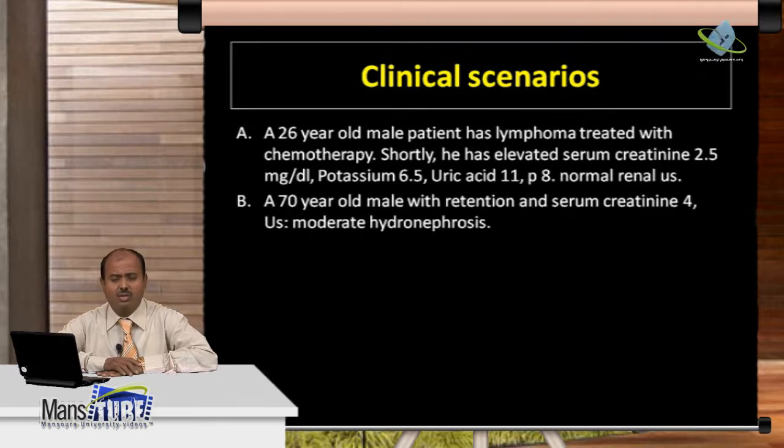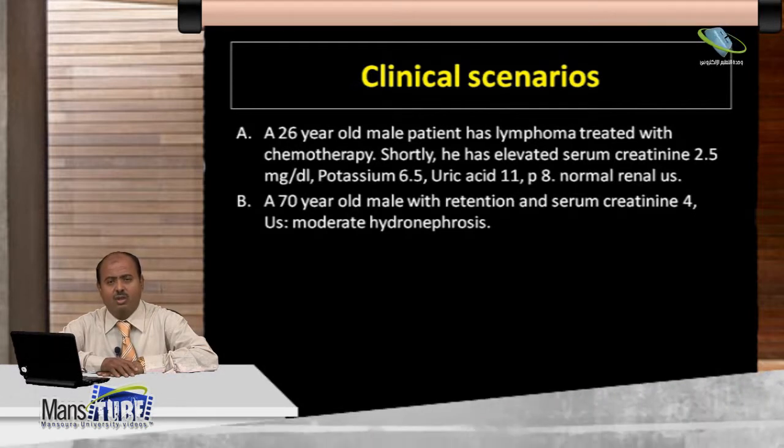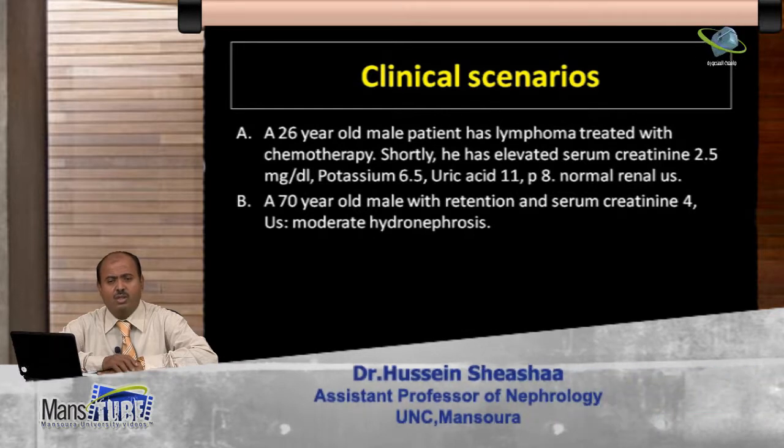Another case scenario is a 70-year-old male patient with retention and serum creatinine 4, ultrasound reveals moderate hydronephrosis bilaterally. So this is a classic history of a patient with senile prostatic enlargement, and we can treat him initially by putting a catheter and draining the kidneys and dealing with the etiology, either medical or surgical.